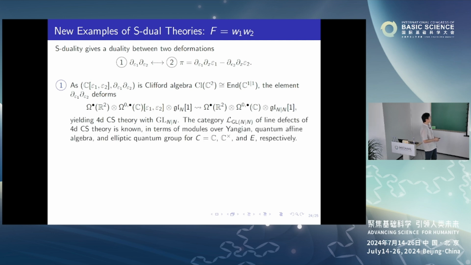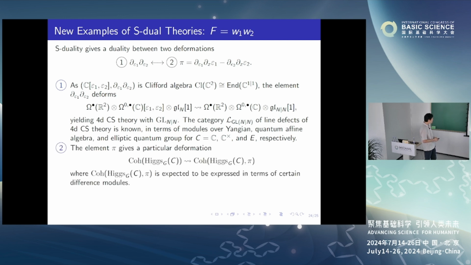The category of line defects of such a theory is well known by now. It has to do with the representation theory of Yangians, quantum affine algebras or unitary quantum groups. On the other hand, the deformation in the other direction is a particular deformation of the coherent Hilbert scheme moduli. So it's certain difference module categories.